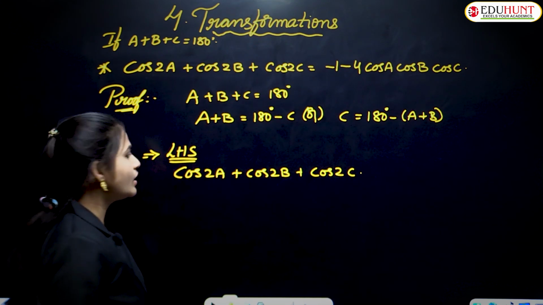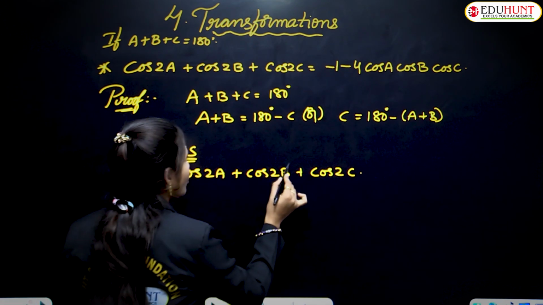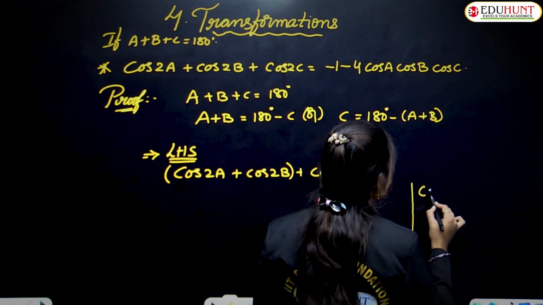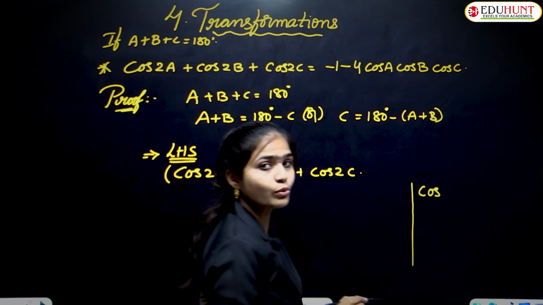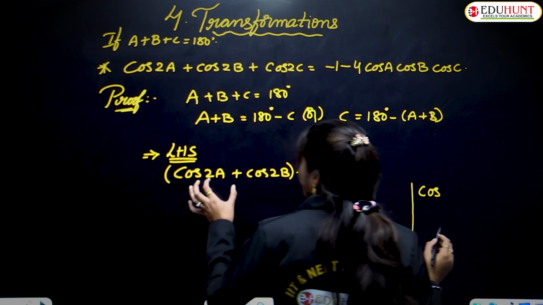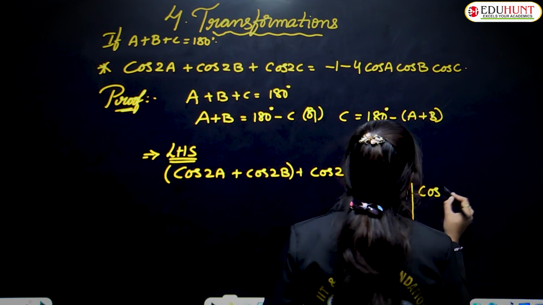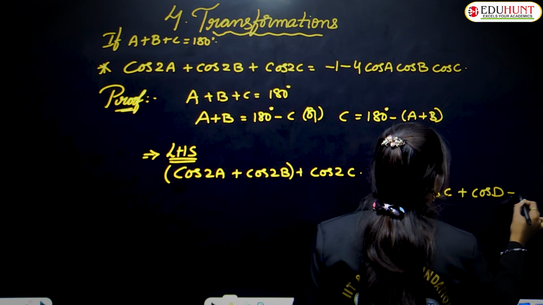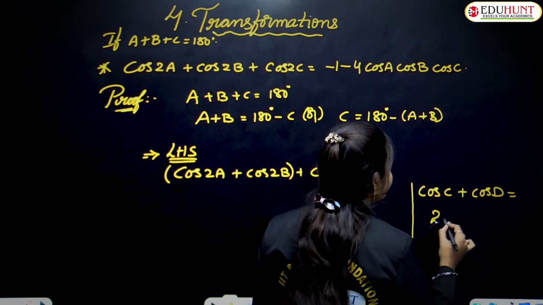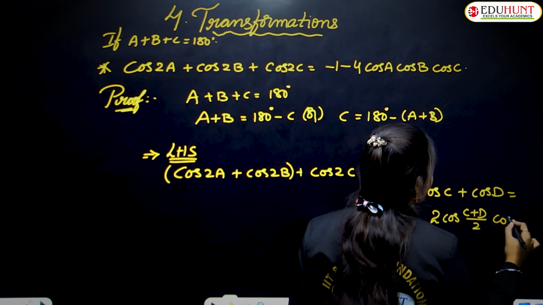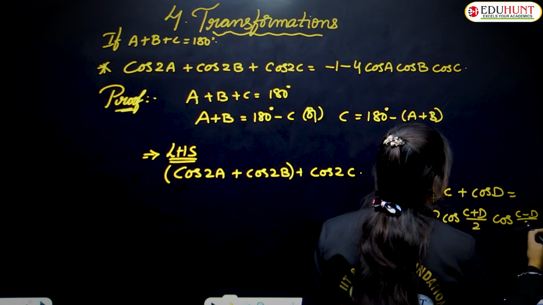Clear? So here, cos 2a and cos 2b, this is in the form of cos c plus cos d, which is equal to 2 cos of (c plus d) by 2 into cos of (c minus d) by 2.